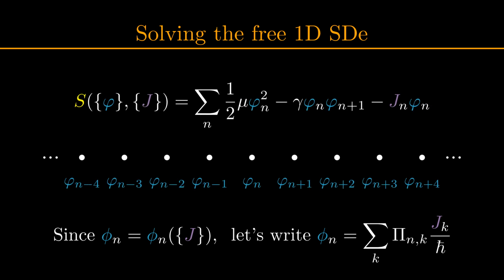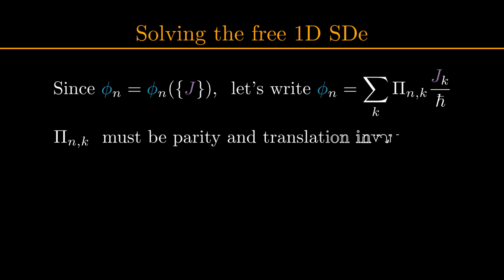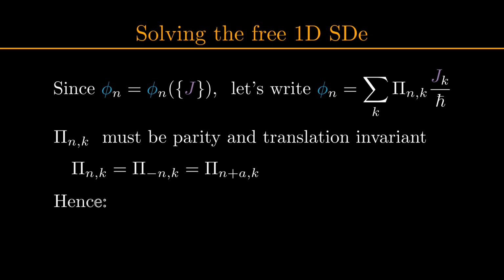These two invariants, parity and translation, impose a strict code on our propagator, demanding that it remain immune to their respective manipulations. As a result, the propagator's essence can only really be defined by the absolute distance between its two partners n and k. We shall therefore write it as capital Pi of n minus k.